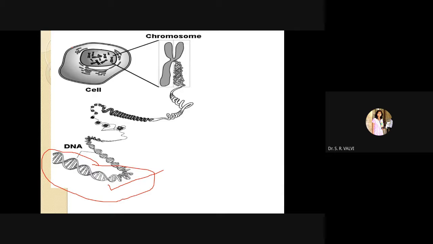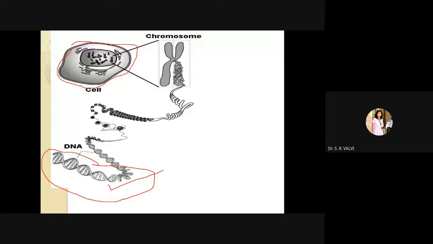This is a particular cell, and you are observing this inner part, the inner structure. This inner structure is nothing but the nucleus, right? And inside this nucleus you are observing all these chromosomes, right?